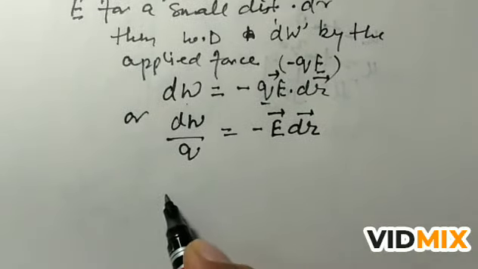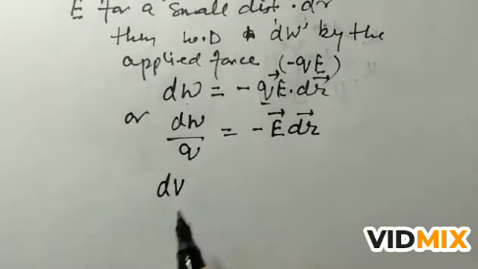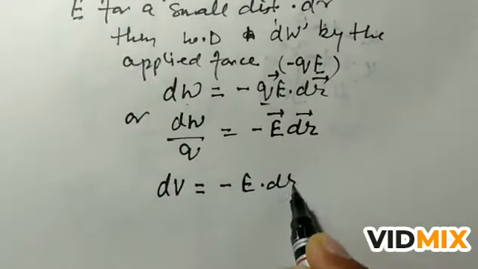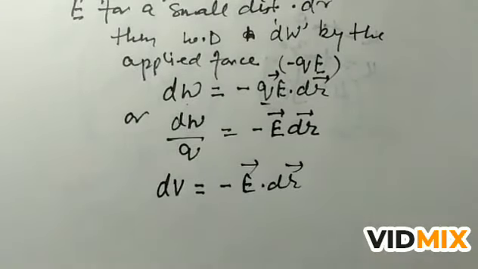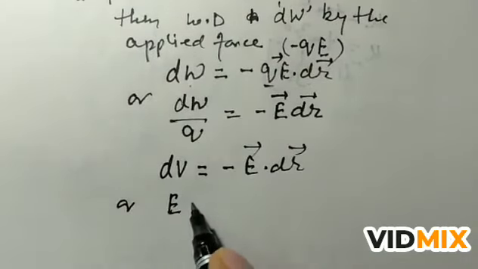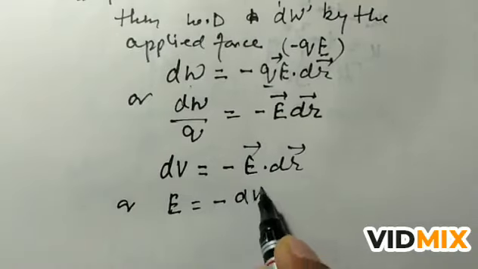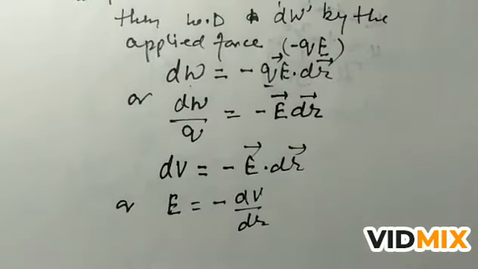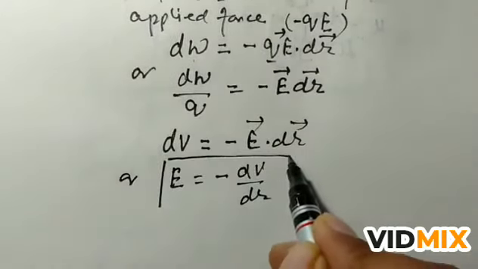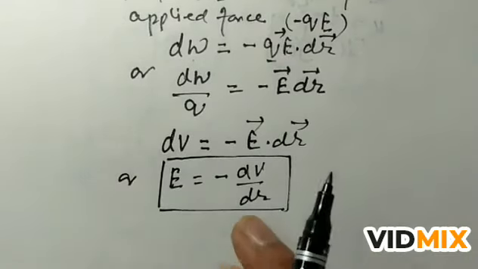It is known as potential. We can write dV. So dV is equal to minus E dr, or we can write E is equal to minus dV by dr. So this is the relation between the electric field and potential.